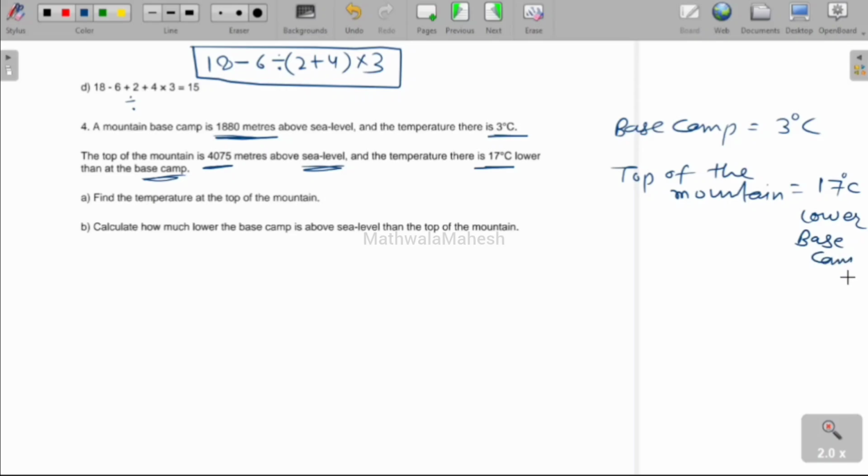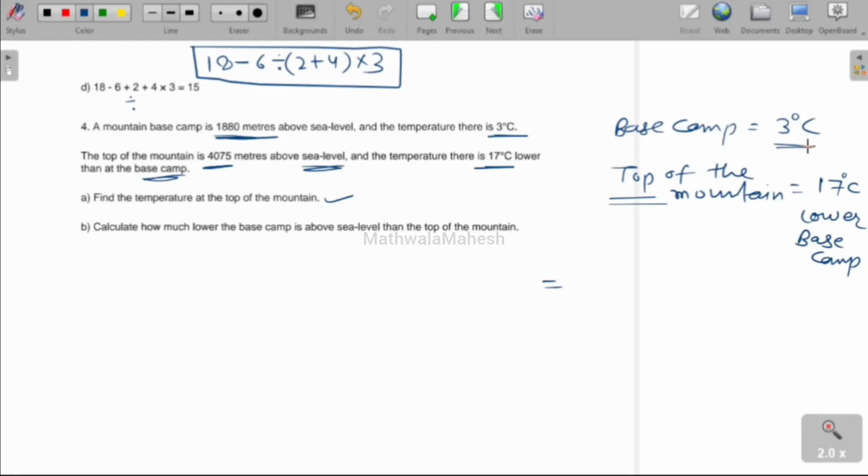Okay, so the question is find the temperature at the top of the mountain. So we have to find the temperature at the top of the mountain, which is given as 17 degrees Celsius lower than base camp.